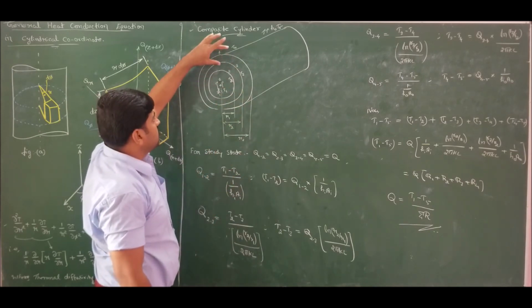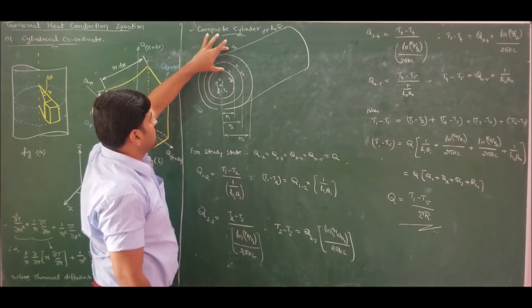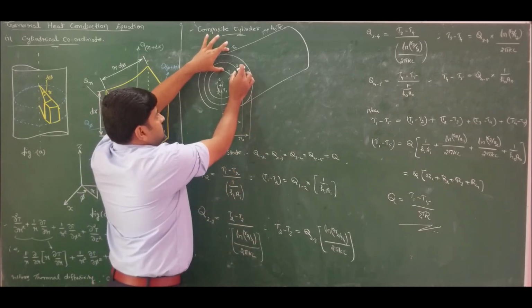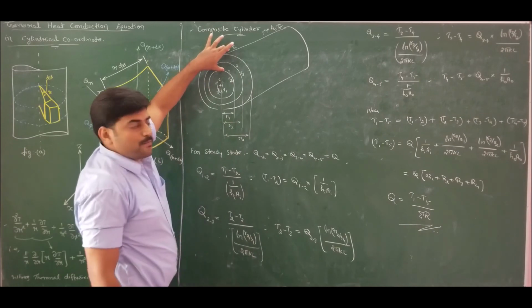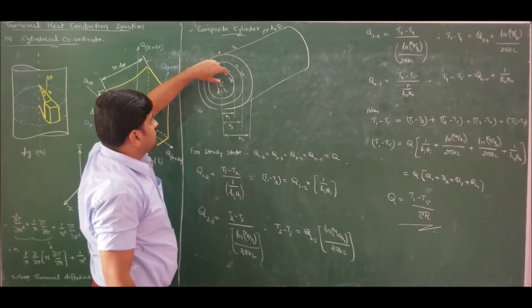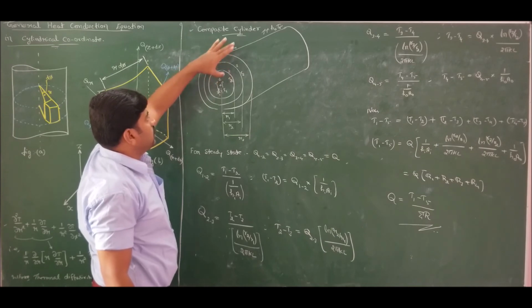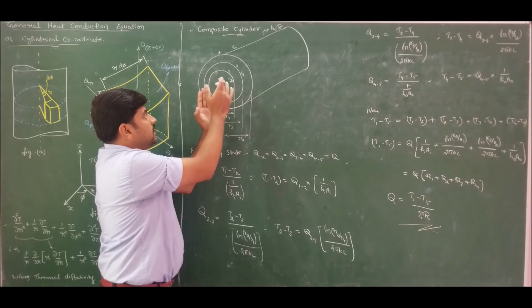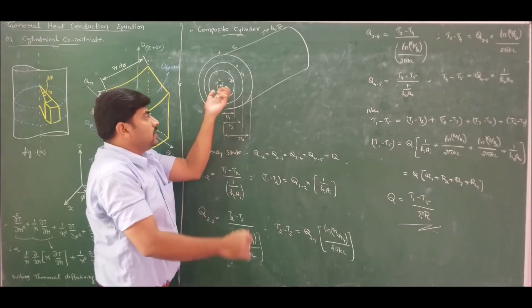If I want to conduct analysis between 2 and 4, then Q is equal to T2 minus T4 divided by these two resistances, that is R2 plus R3. So it is not mandatory that you should take the temperature difference at successive points or from first point to last point. You can take temperature difference between any 2 points divided by the resistance between those 2 points.